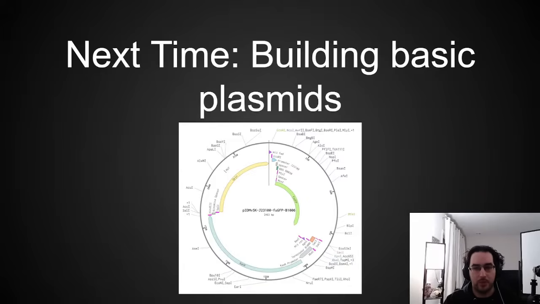I want to go through the process of, okay, this is how you build a plasmid. These are the pieces. These are why they're important. This is how they go together. Because building DNA is most of what you end up doing in a genetic engineering lab.